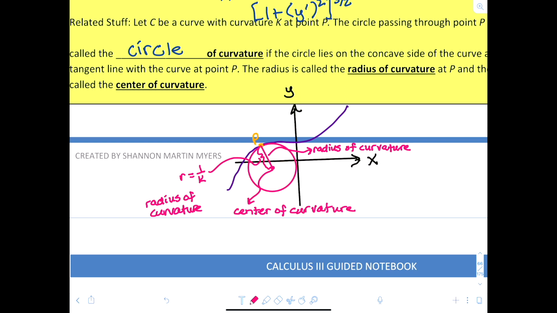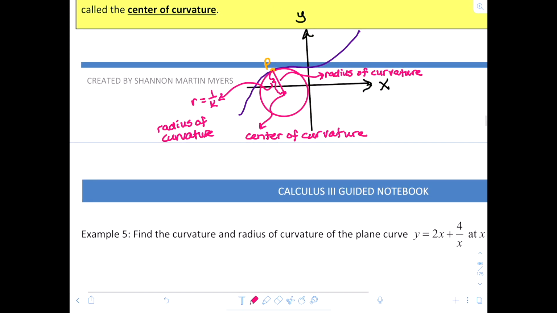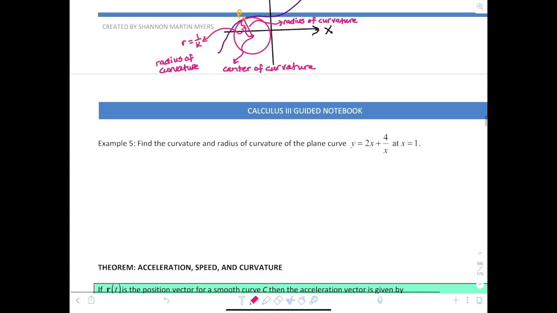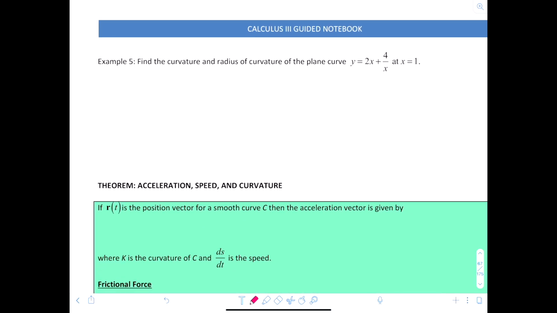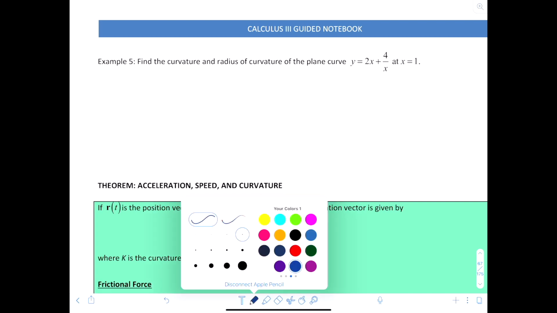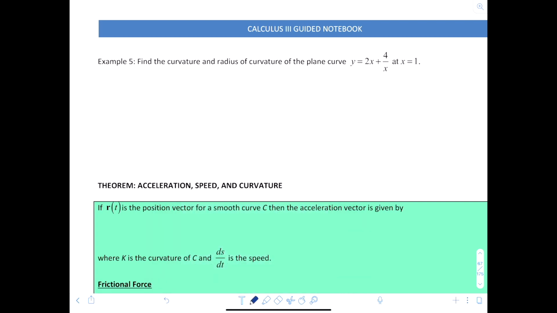Okay, so now let's look at this problem here. All right, so find the curvature and radius of curvature of the plane curve y equals 2x plus 4 over x at x equal to 1. So remember, we're going to need to find this stuff.